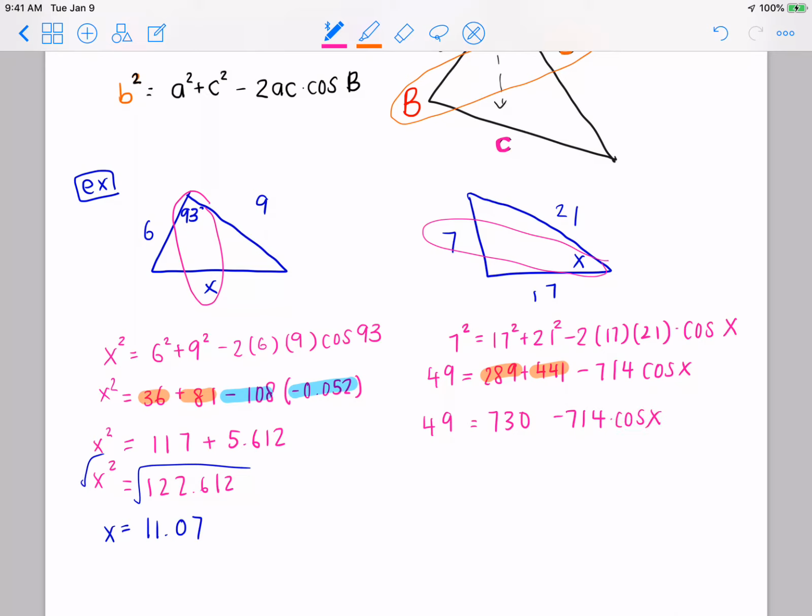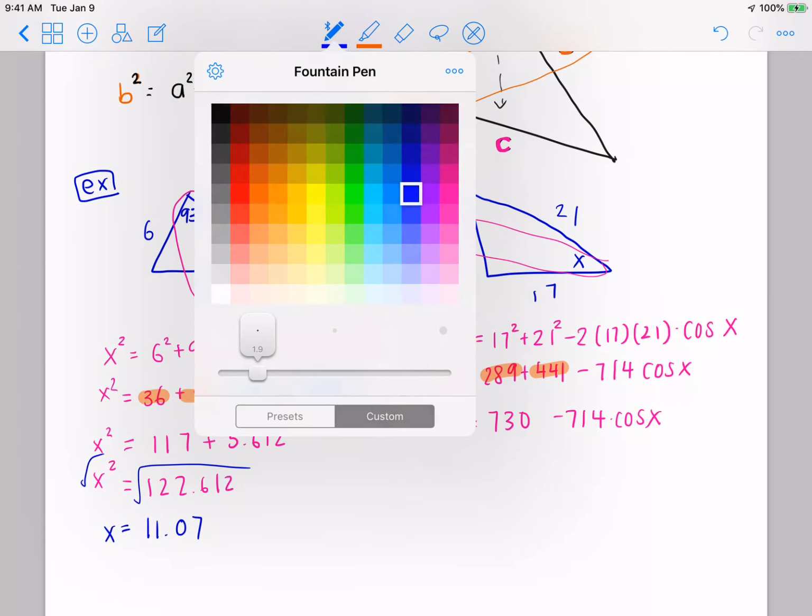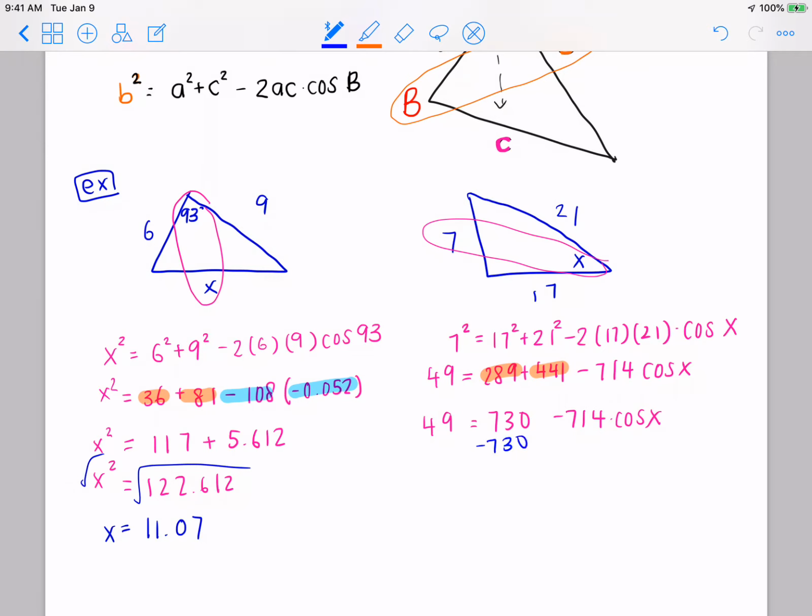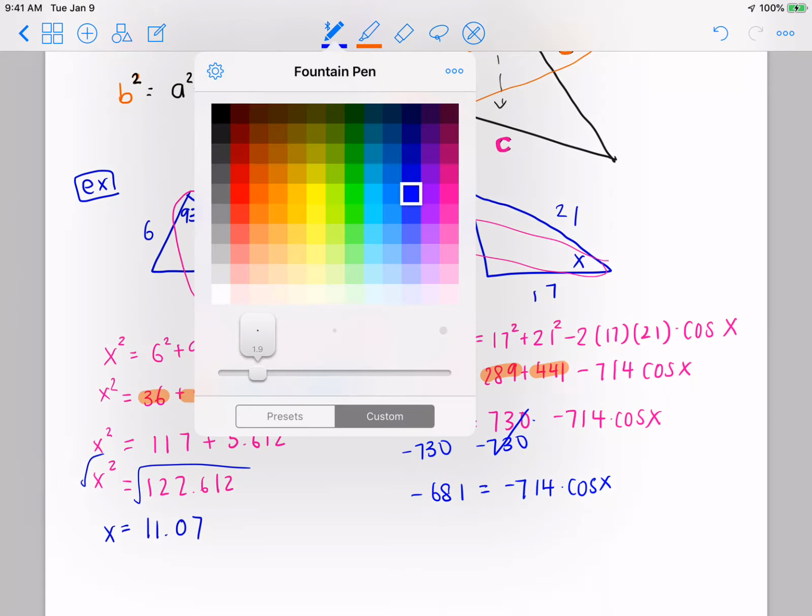Again, it's very tempting to subtract those two numbers, the 700 and the 700, but we've got to subtract the 730 over to the other side first, which we get negative 681 equals negative 714 times cosine x.